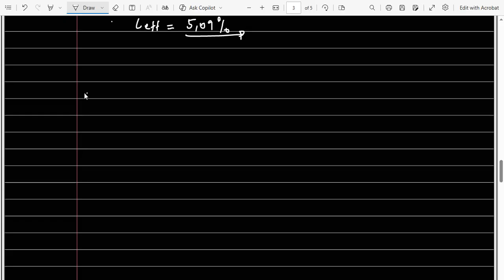So this will be 2.4. F is equal to X into 1 plus i to the power n minus 1, and everything is divided by i. So let's just do the data.